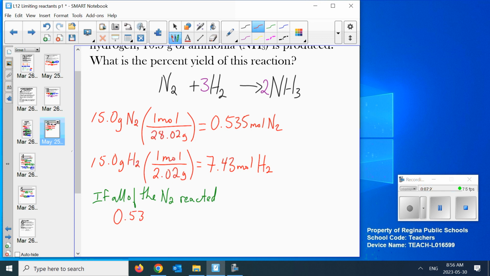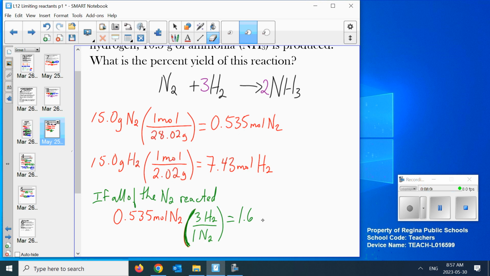0.535 mole. We would need, according to the reaction, 1 nitrogen to 3 hydrogen, so multiply: 1.605, about 1.61 moles of hydrogen needed.